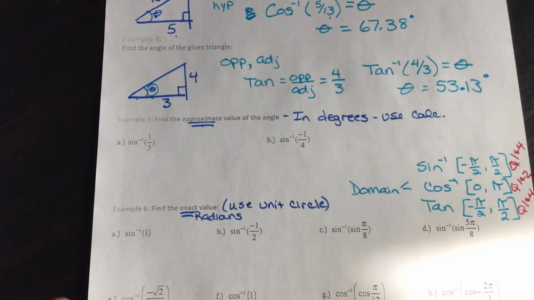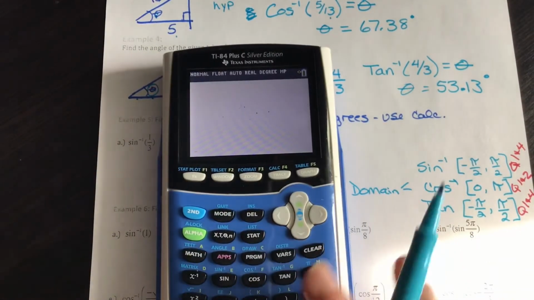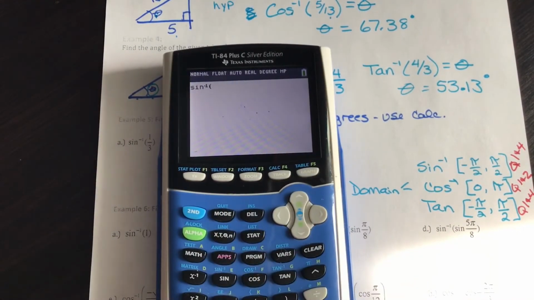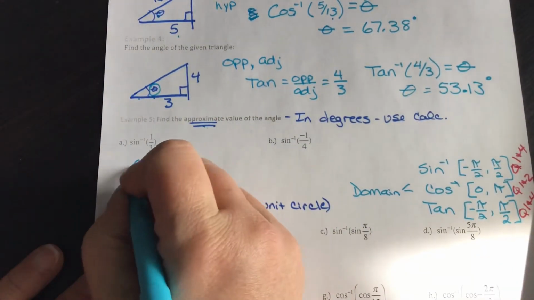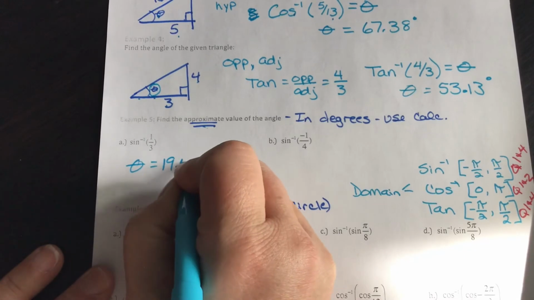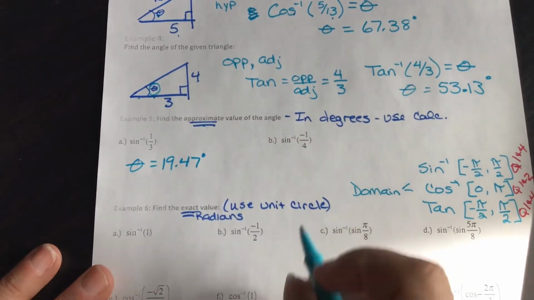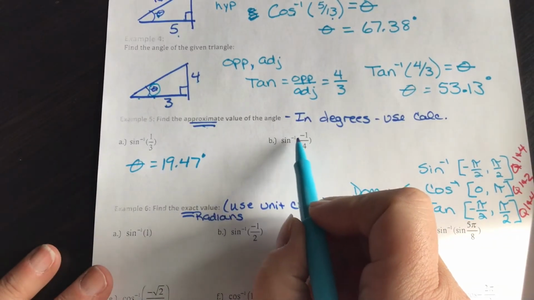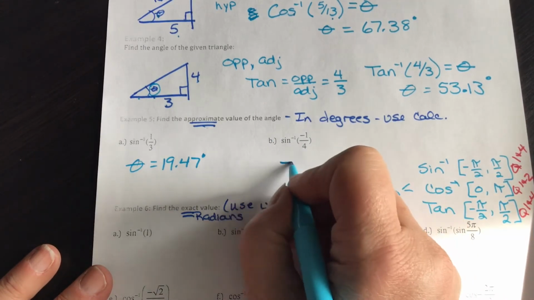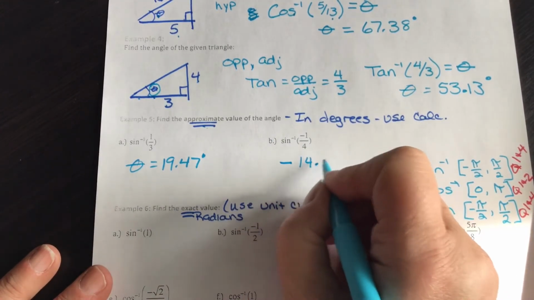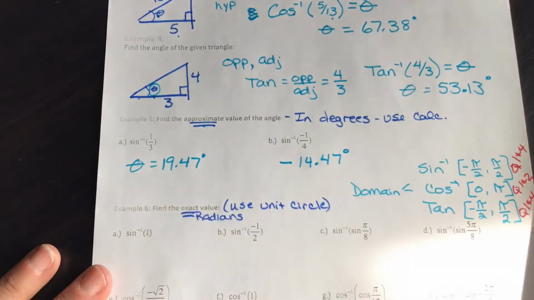So all I have to do is type in inverse sine of 1/3, and that's a 19.47 degree angle. If I type in inverse sine of -1/4, I'm going to get negative 14.47 degrees.